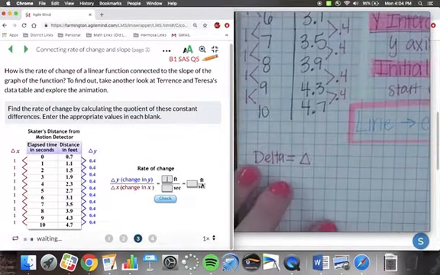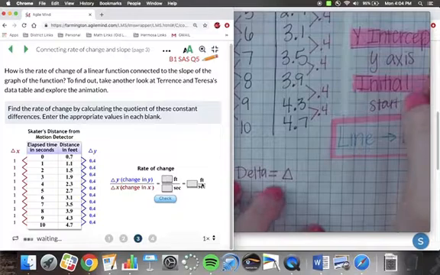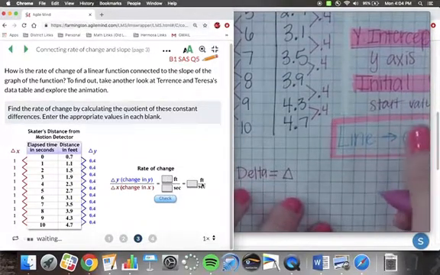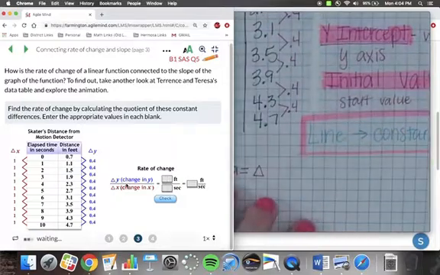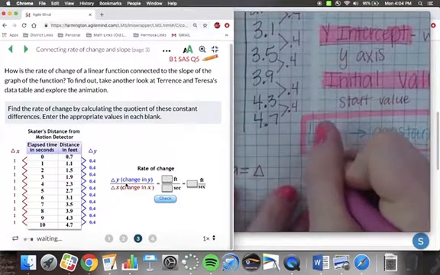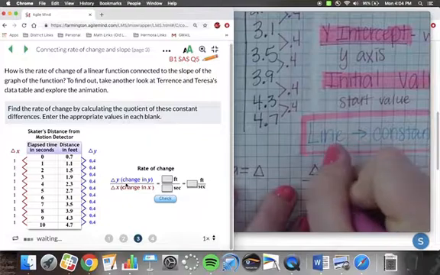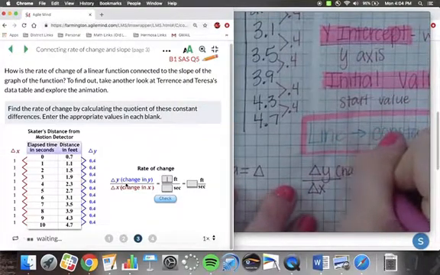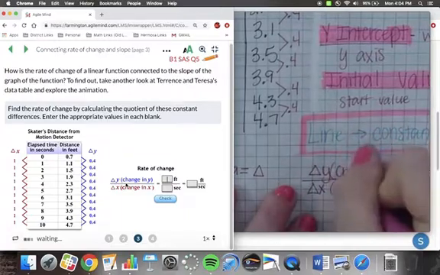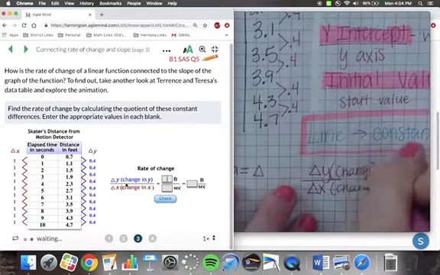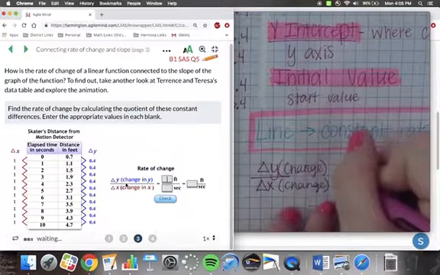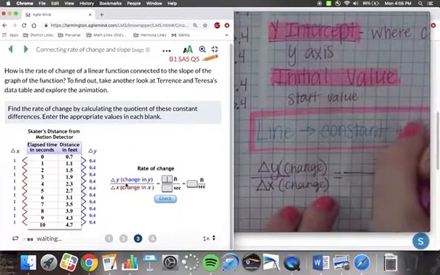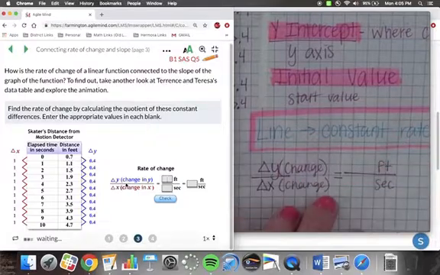Okay, now remember when we were talking about rate of change, we were talking about feet per second. So if you look at the very bottom, you see delta Y over delta X. And I'm going to write the word change is equal to something feet per second.